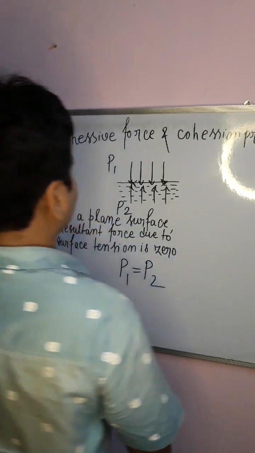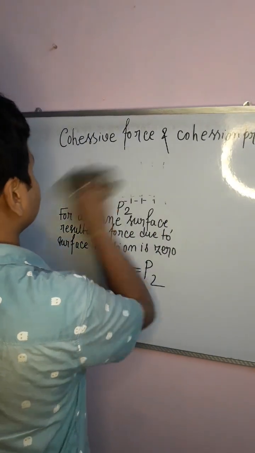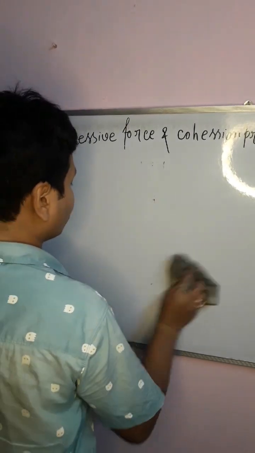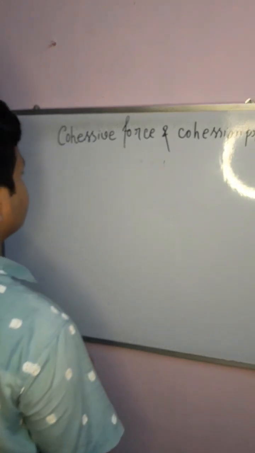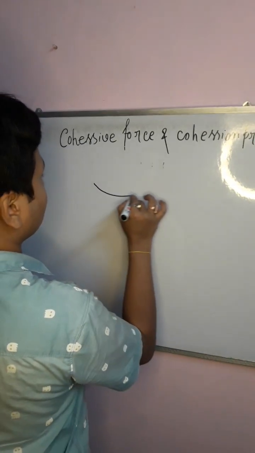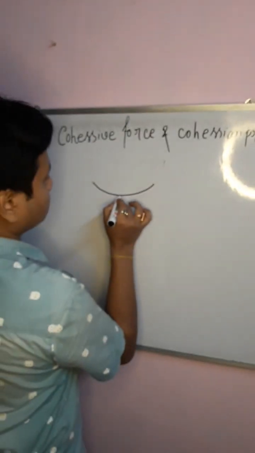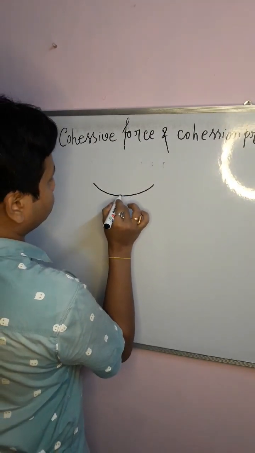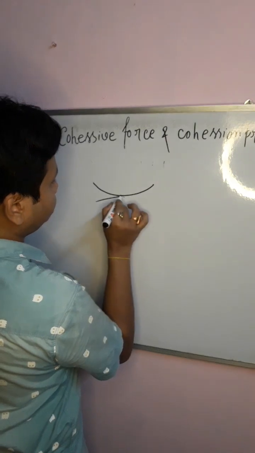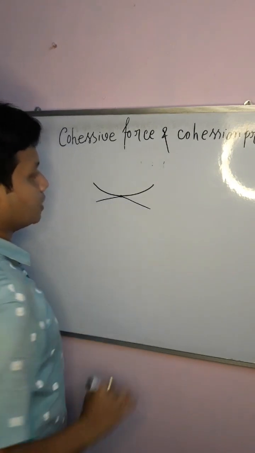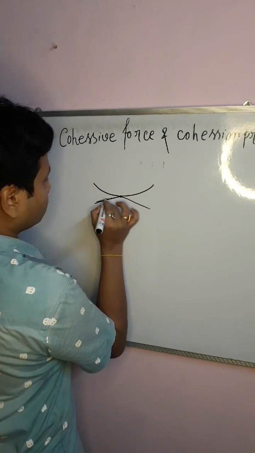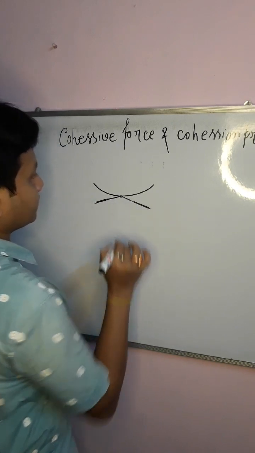Now let us try to understand the case where the surface is a concave one. Okay, we draw two tangents, one is this and another is this.